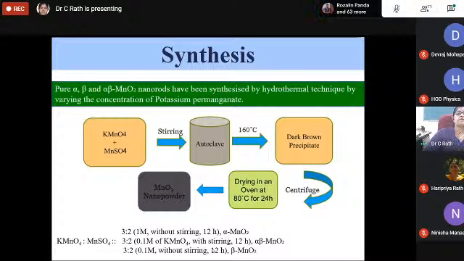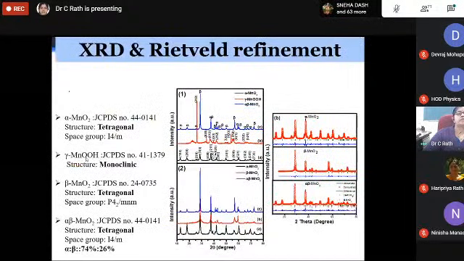And this is the XRD pattern of all these three phases. As an intermediate phase, she has observed gamma MnOOH, which transformed to beta MnO2 after heating at 500 degrees centigrade. And these alpha, beta, and alpha-beta MnO2 all match well with these phases.